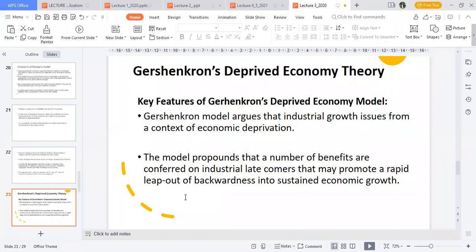Please, did we understand what I just taught? What I just said is that Rostow says before you become industrialized, you need to meet some conditions. The first one, we described how a traditional society looks like, and we tried to compare it to some of the preconditions we have to meet. And then we came to the take-off stage, within which you have what we call rapid development, where we should see this happening before we could say that you are advancing into an industrialized country.